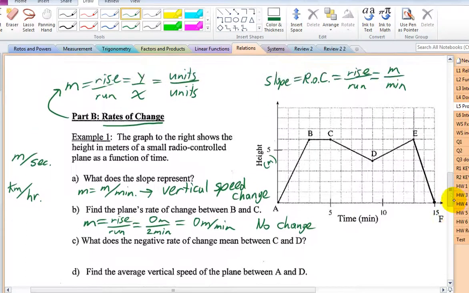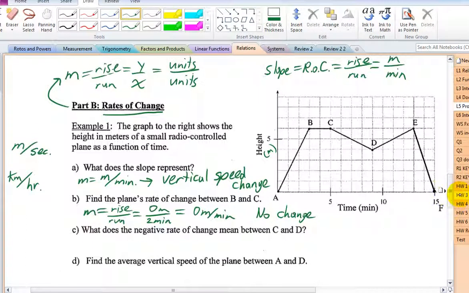What does the negative rate of change mean between C and D? Okay. So let's find your slope between C and D. Make your triangle. What's your rise? -2. So it's -2 meters. And what's your run? 1, 2, 3, 4. So -2 meters over 4 minutes.